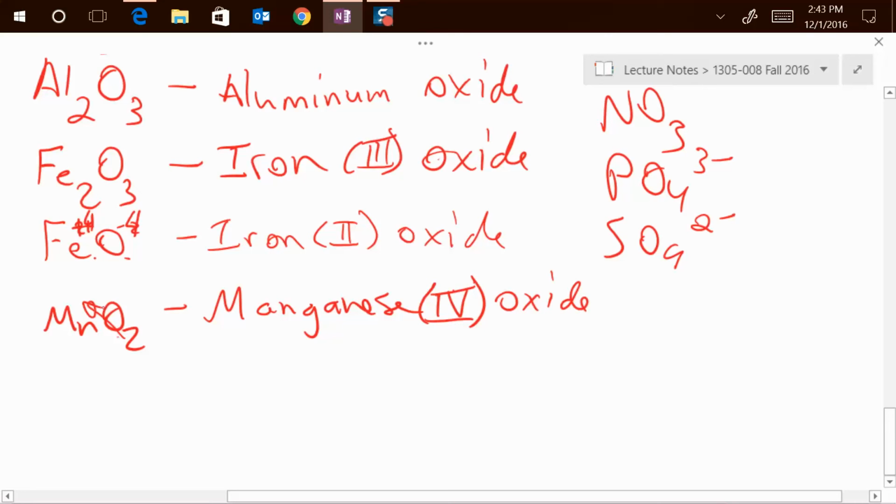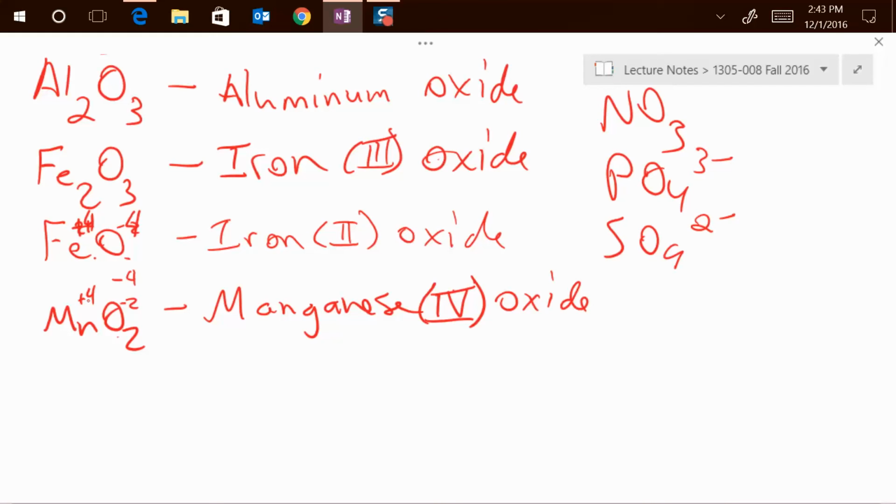One subscript, don't trust it. What's the charge of an oxygen? There's 2 of them, so that's -4, right? So what's the charge on the manganese to balance -4 charges? +4. Manganese 4 oxide. Okay? Manganese 4.